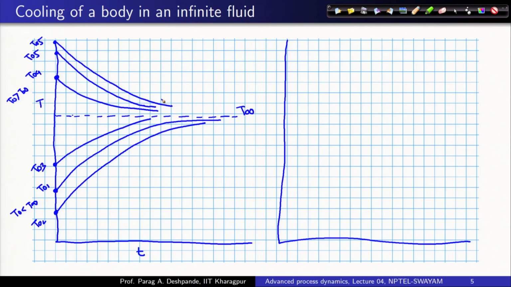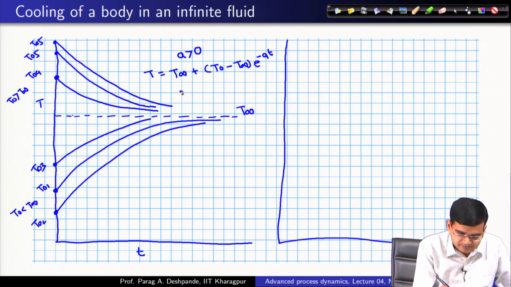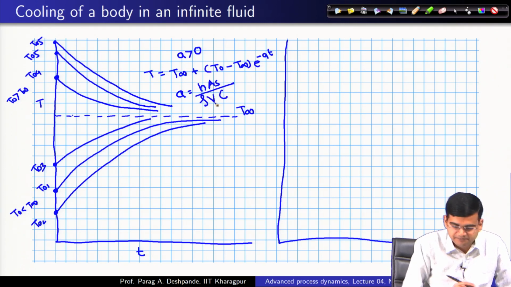But now, what I see is that this is true when A is greater than 0, because your equation was T is equal to T infinity plus T 0 minus T infinity e to the power minus a t, right. This is true only for A greater than 0, and A in fact was h times A s divided by rho V c, right.